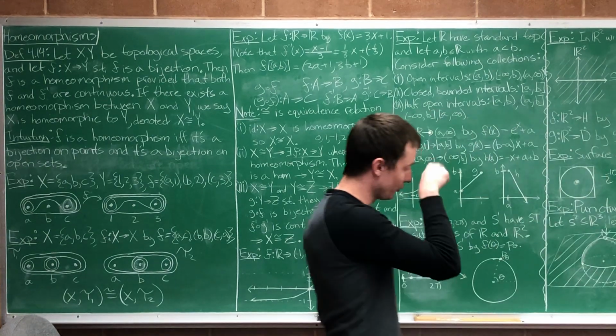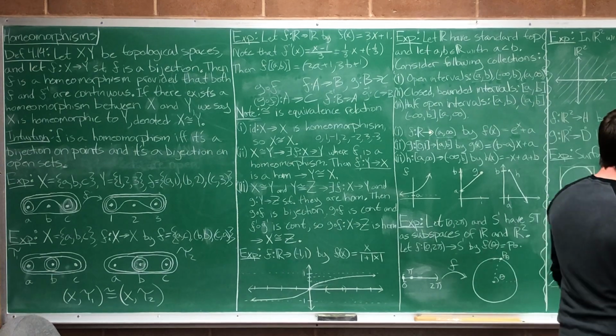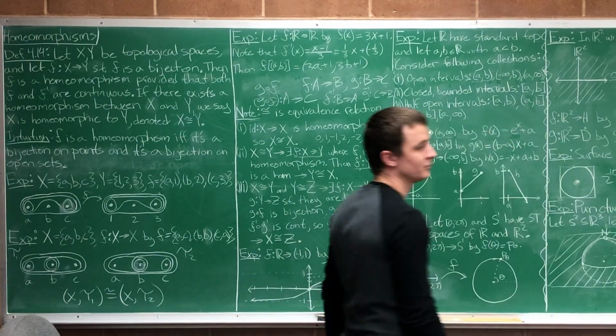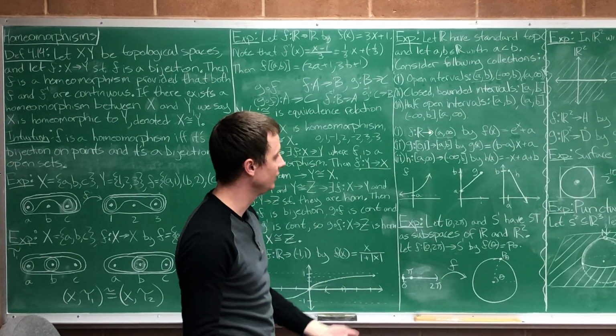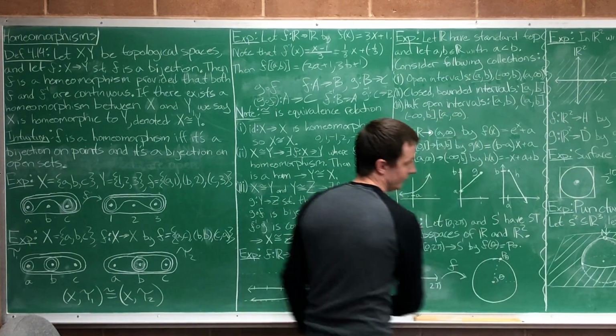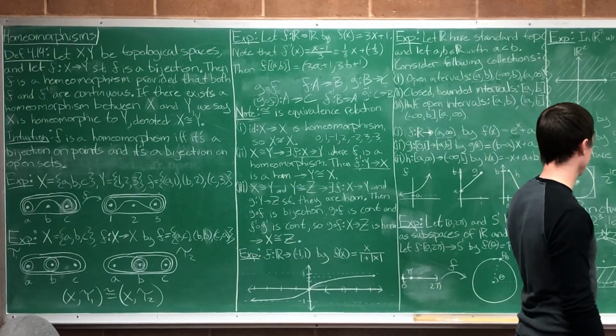The extended reals are the real numbers with negative infinity and infinity as members. But approaches infinity is standard terminology for it's unbounded. It gets bigger and bigger without any bound, or it gets arbitrarily large is another way we can say the same idea.